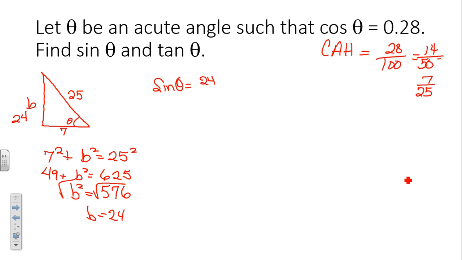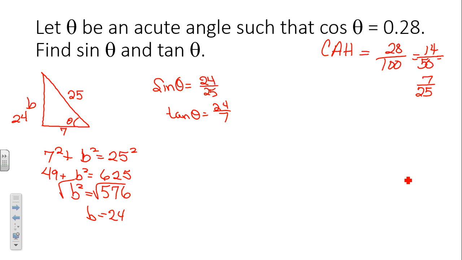Perfect. And the tangent of theta is what, Brittany? Perfect. We're good on these? All right.